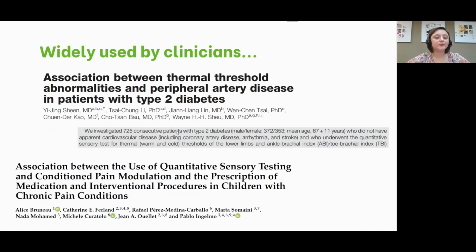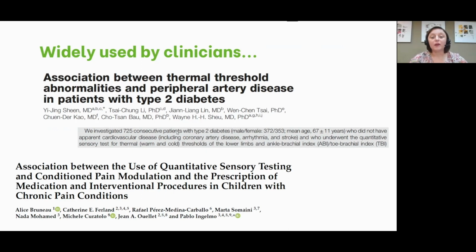And this is also a complex pain center in Montreal, Canada. They use QST, both static QST, which is warm detection, cold detection, heat pain, and cold pain thresholds, and also some modalities of what we call dynamic QST. They test for conditioned pain modulation to assess the descending endogenous pain modulation pathways, and they do temporal summation to test for facilitation, another type of pain processing pathway.